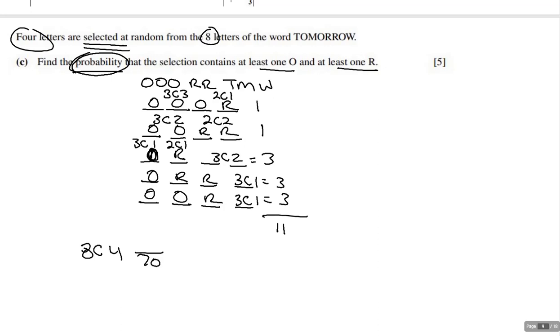And then again, there's this 3 times the 3 choose 2 for the last 2 spots, right? Here in this one, I've got 3 O's, but I'm choosing one of them. Here I've got 2 R's, and I'm choosing both of them. And then there's this last spot. And then here I've got 3 O's, and I'm choosing 2, and I've got 2 R's, and I'm choosing 1. So what's 3 choose 3?